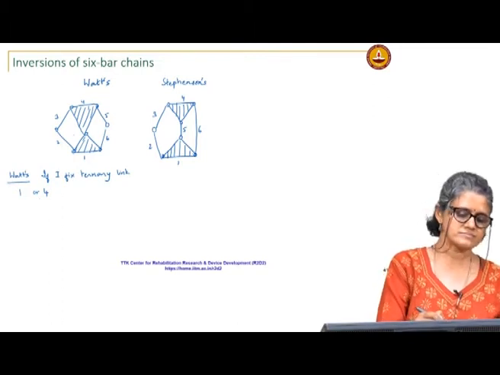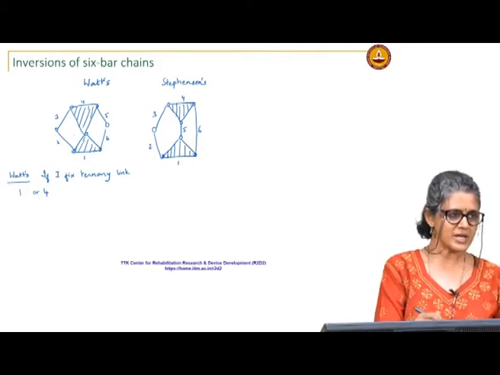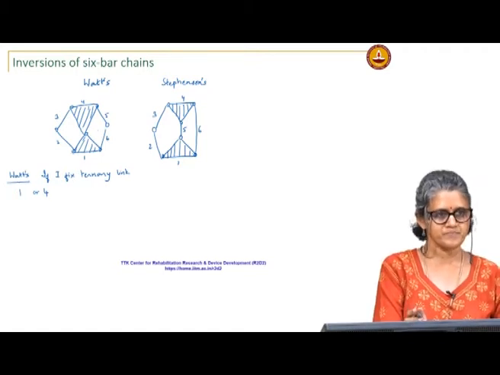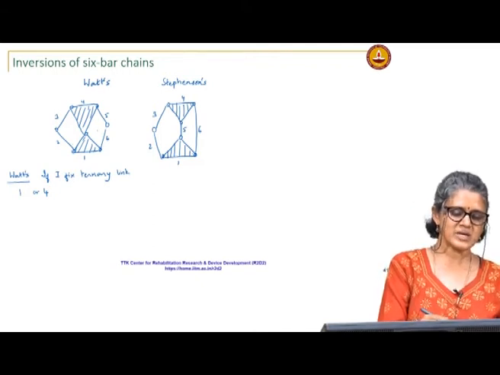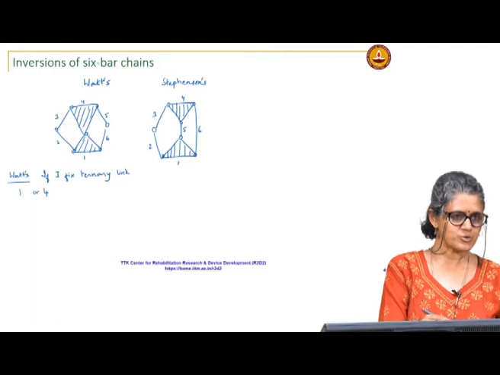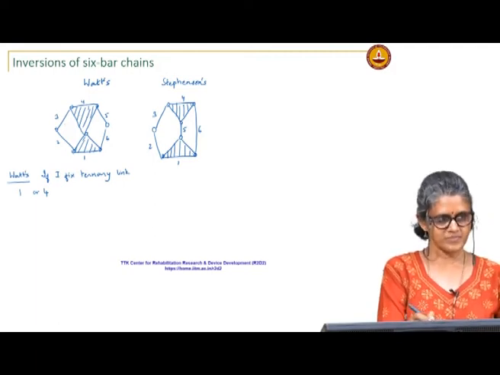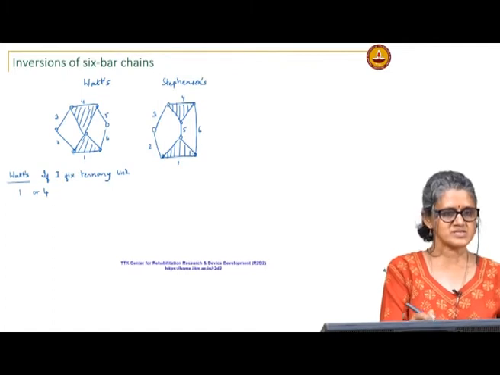I get 1 4 bar chain driving another 4 bar chain, okay. So, if I take this 2 as my input, 4 will be the output for the first 4 bar chain, which will be the input to this 4 bar chain 1 4 5 6, okay.